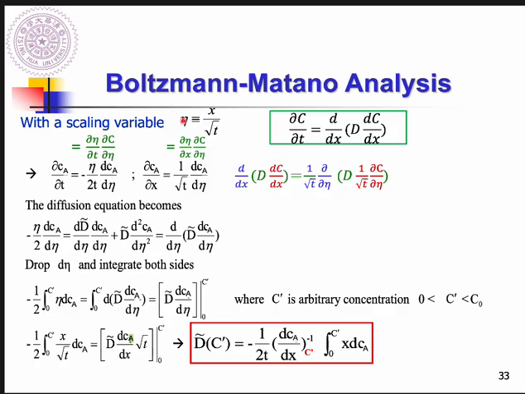So I use d iota times square root of t to substitute dx, and this dx also uses d iota times square root of t to substitute this one.